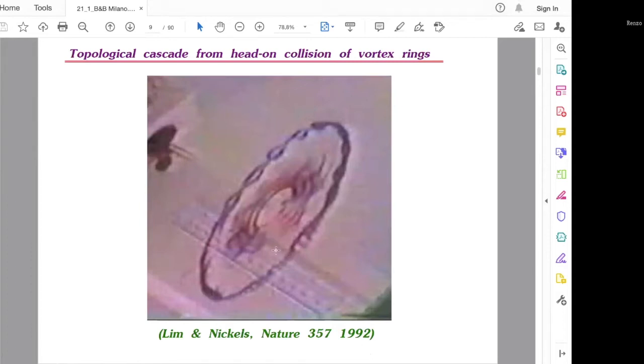You will see the collision of two head-on vortex rings, and the collision will generate this diadem of little vortex rings, ringlets, so to speak, that will be formed. So let me show you. One is red, and so the ringlets inherit a part of the blue and part of the red.